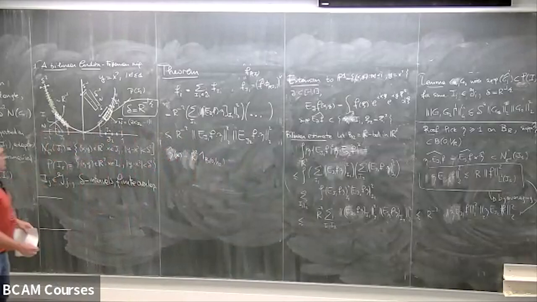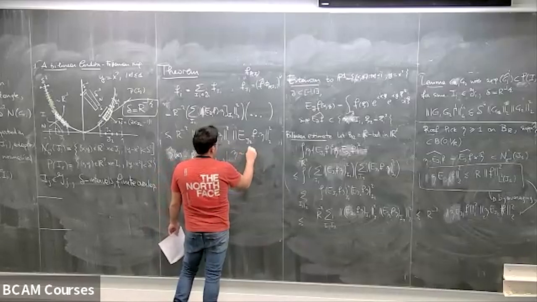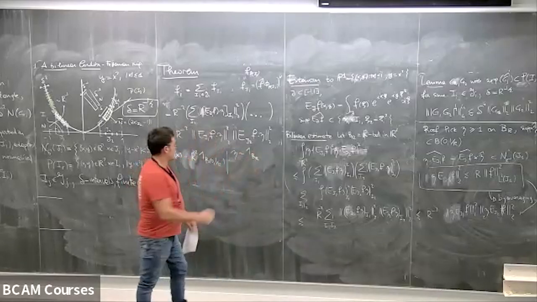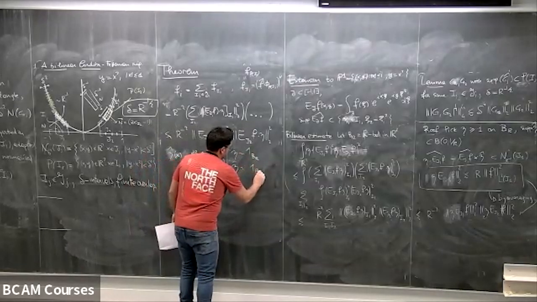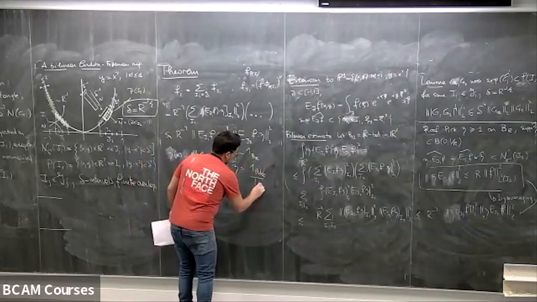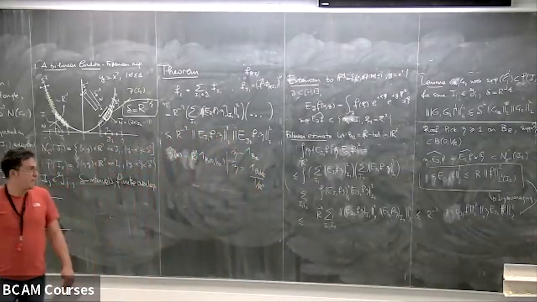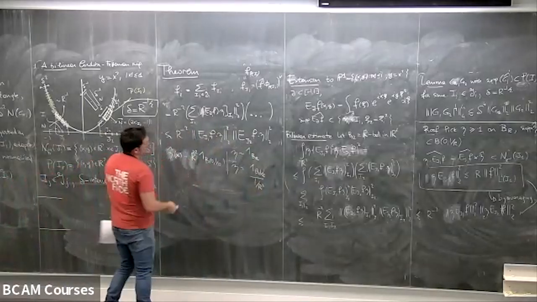The Fourier, so look, eta is like 1 over BR, right? So eta hat is like 1 over BR, normalized. Okay, fine.